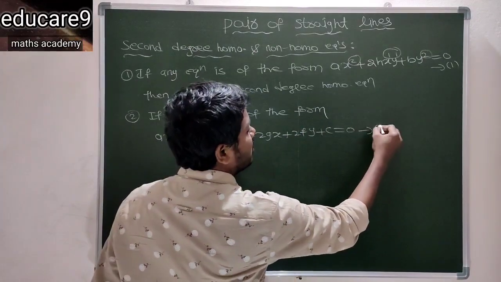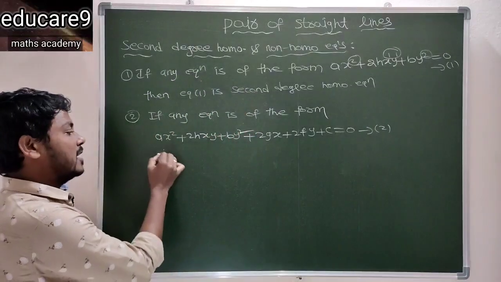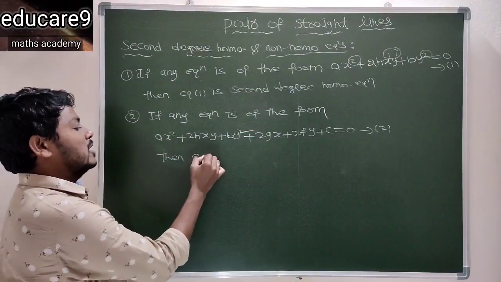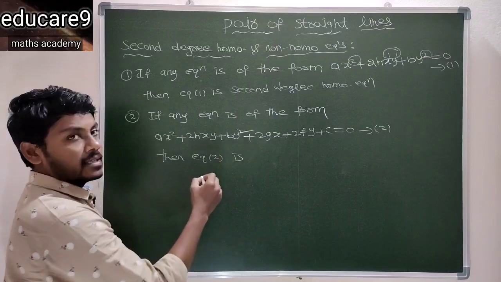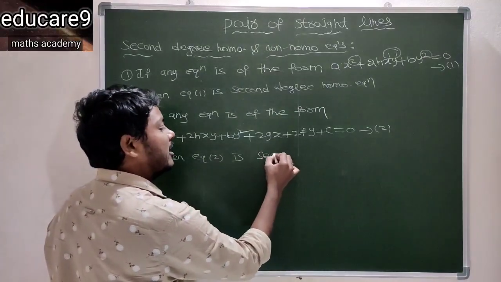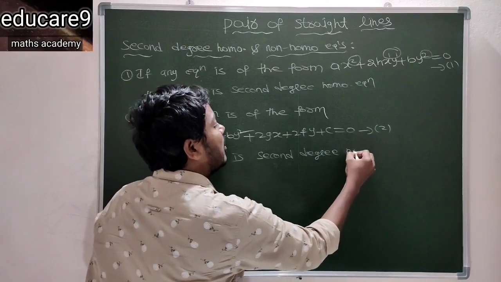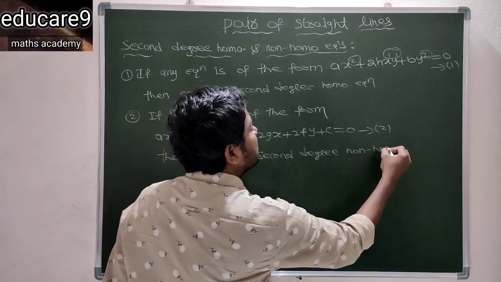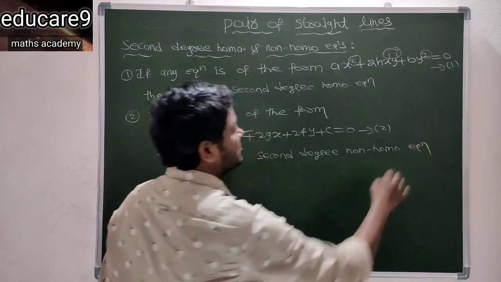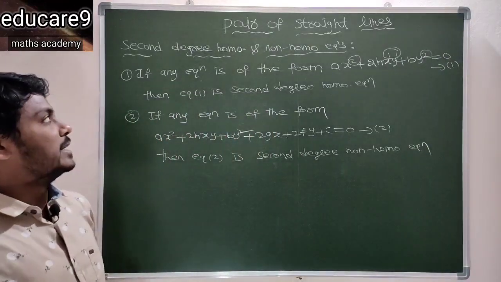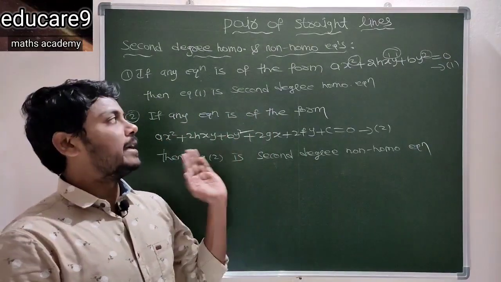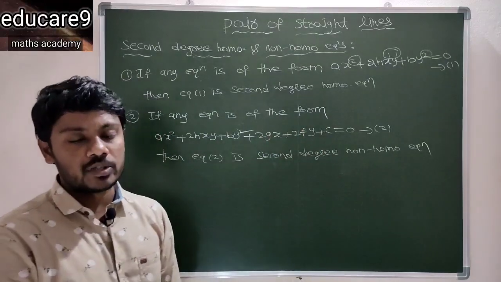This is equation 2. Then equation 2 is a second degree non-homogeneous equation. Okay. So these are the definitions of second degree homogeneous and non-homogeneous equation.